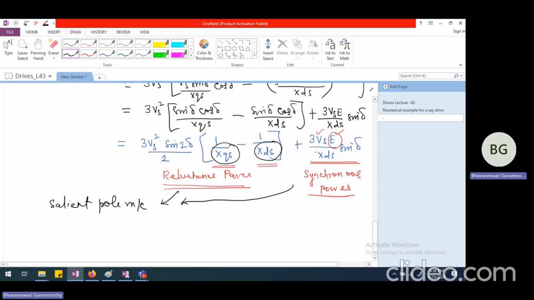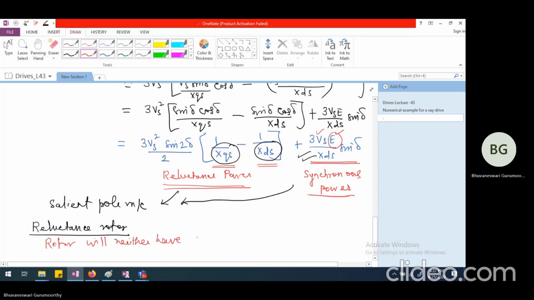We will approximate the analysis only by calculating the synchronous power like what we do in the case of a cylindrical pole machine. So if we are talking about a reluctance rotor, where the excitation is completely absent, that is the rotor will neither have windings nor have permanent magnet.